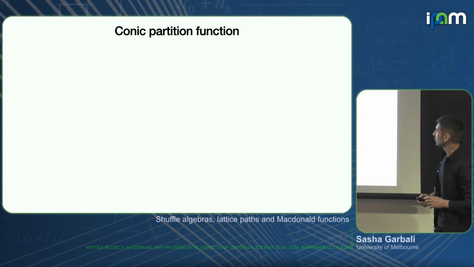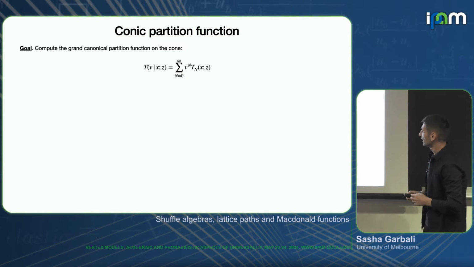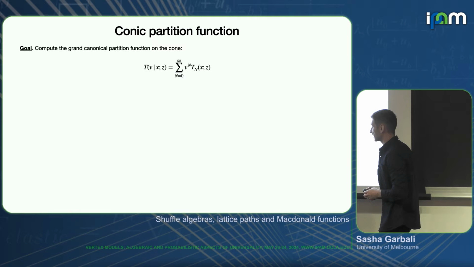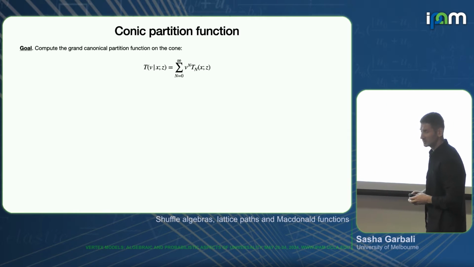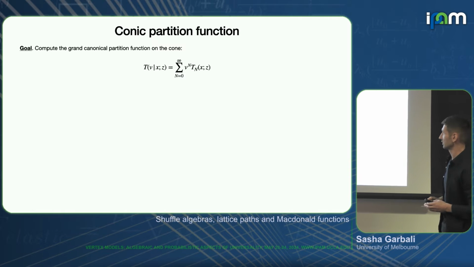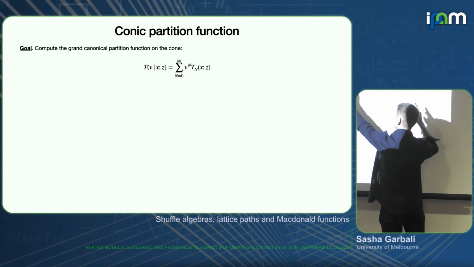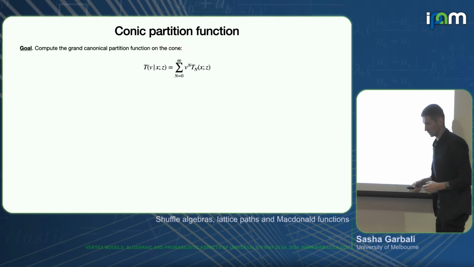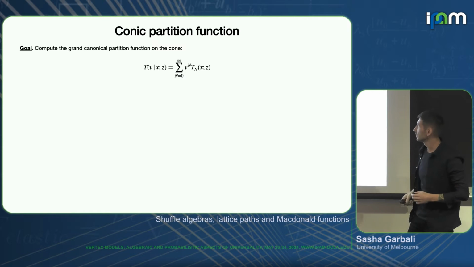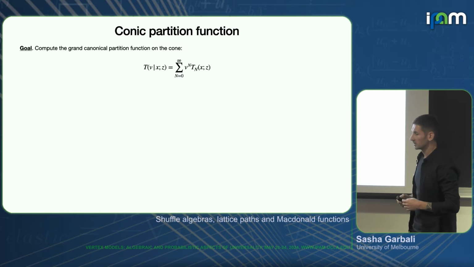This is a conic partition function because we can put it on the cone, as I showed you before. And it's quite convenient to calculate the generating function of this object. So we consider all lattice paths of all sizes, and we associate a parameter v to a particular size, and then we ask, what is this partition function?